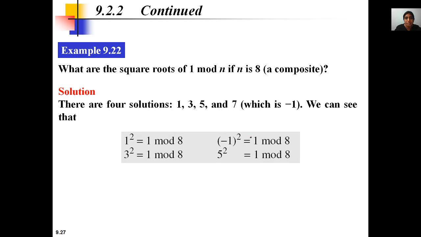For example, you can take 8 as a composite value. Once you find the square values for 1, 3, 5, 7, you are going to get 1 when you apply mod 8. Since we are getting more than two ones, we can say this is a composite value.